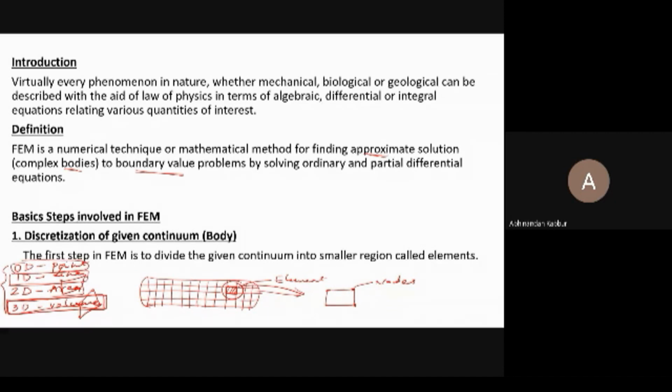But most of the elements which are available on the earth are in the form of 3 dimensional. Only very few are 2 dimensional, and very rare are 1 dimensional. But the very rarest are 0 dimensional. You take any element which is there on the earth, it is in the form of 3 dimensional.